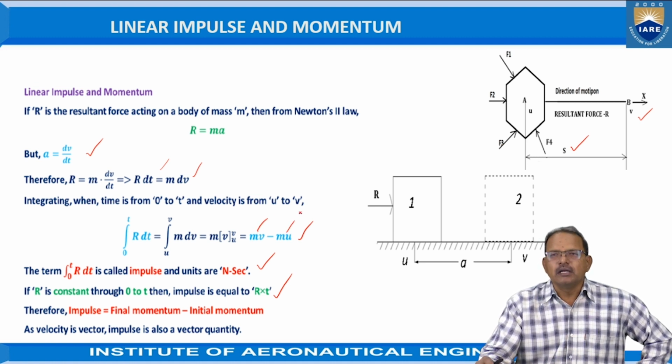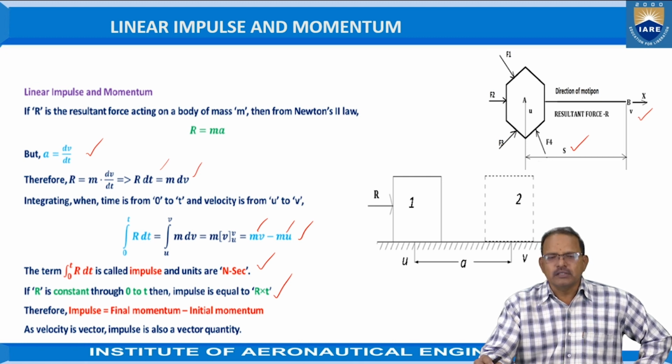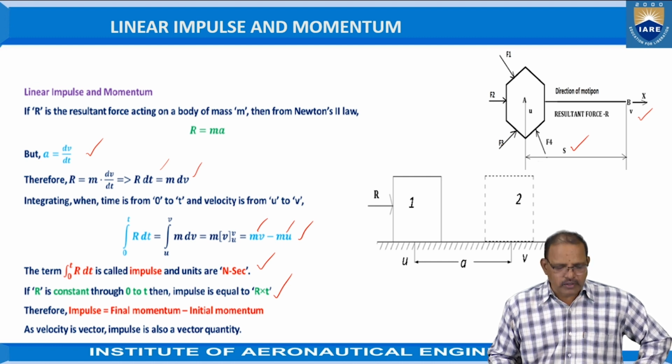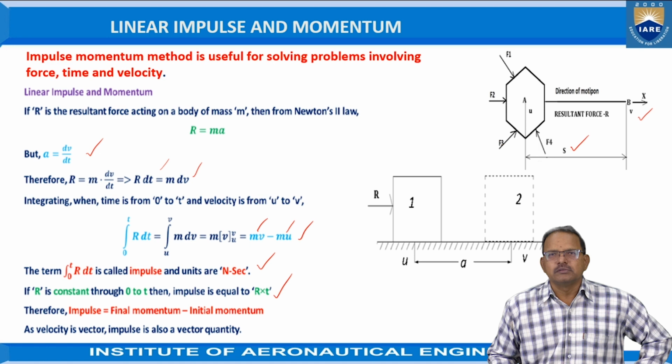That is called the change in momentum, where mv stands for the final momentum and mu represents the initial momentum. That is, the impulse is equal to the change in momentum. Here, the force is a vector, so the impulse is also a vector. Hence, the impulse acts in the direction in which the body is moving.